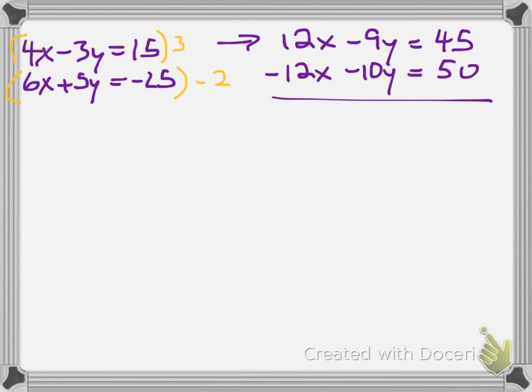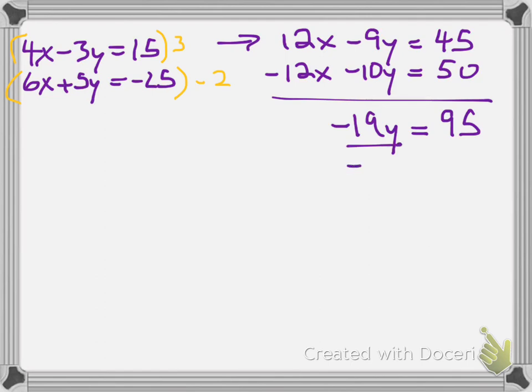So, elimination. Do whatever's legal to get opposite coefficients so you can add the two equations together and eliminate. 12x minus 12x, no more x, right? Negative 9 minus 10 is negative 19y. 45 plus 50 is 95.